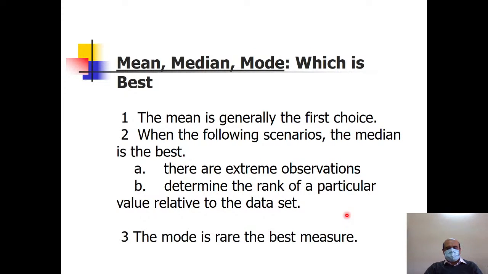And if you want to determine the rank of a particular value relative to the data set, then you should use the median. The mode is used rarely, but it's the best measure in some cases.